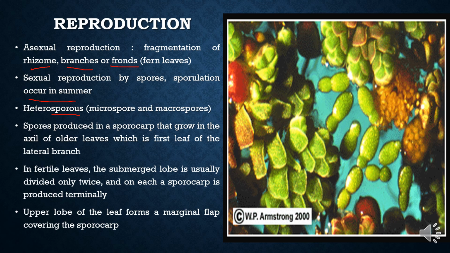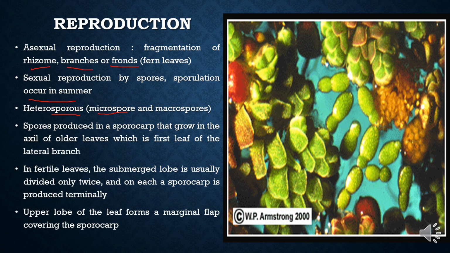The male spore is the microspore, much smaller in size, which germinates to produce the gametophyte that produces the antheridium.